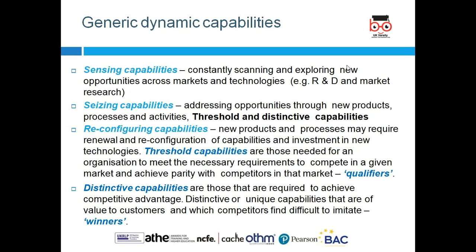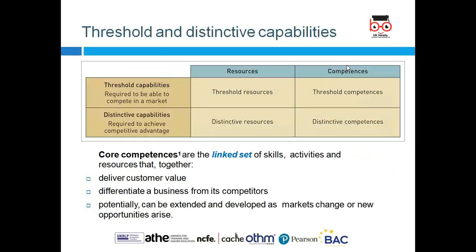So sensing: you have to sense what new capabilities are needed. Nokia did not sense it, and they closed many research and development centers. Then seizing: addressing the opportunity with new products and processes, and reconfiguring the capabilities.